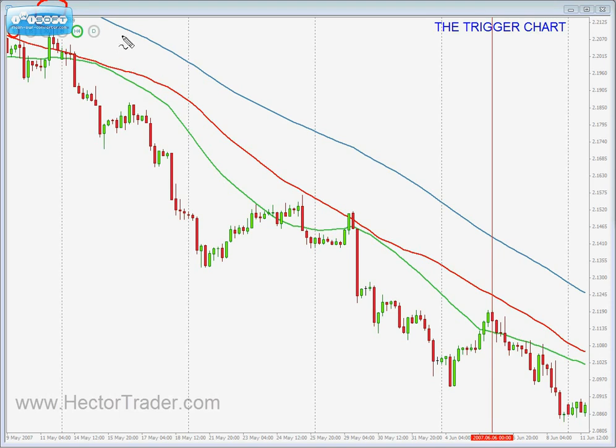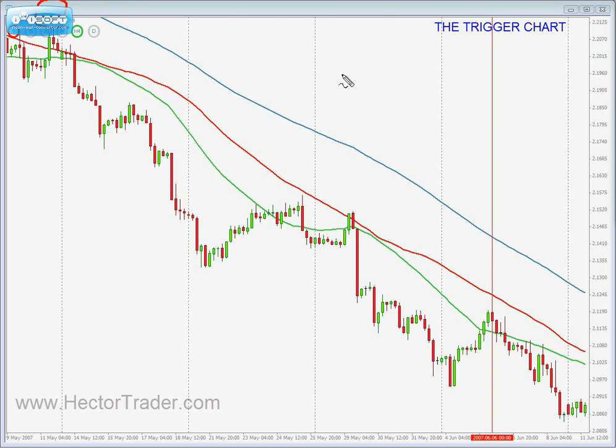Anyway, if the 4 hours time frame is my setup chart, then I would zoom 4 times to a shorter time frame in order to establish my trigger chart. In this case, it would be the 1 hour time frame. Okay, that's rather obvious. If the 4 hours time frame is my setup chart, then I'm zooming into the 1 hour time frame for my trigger chart.